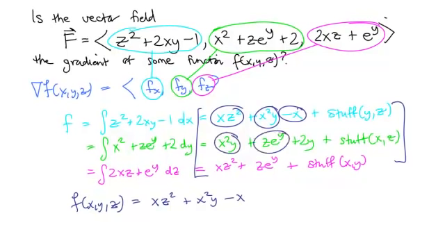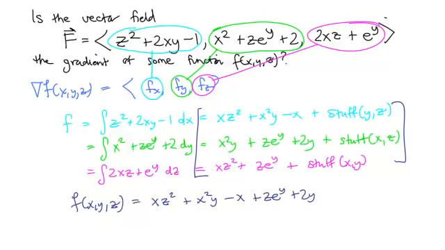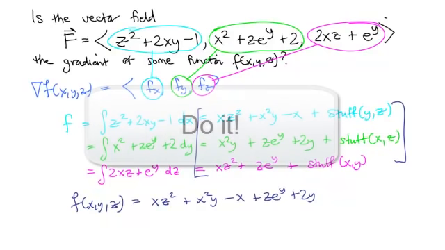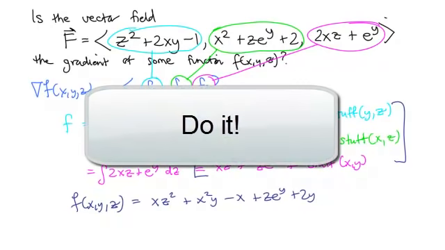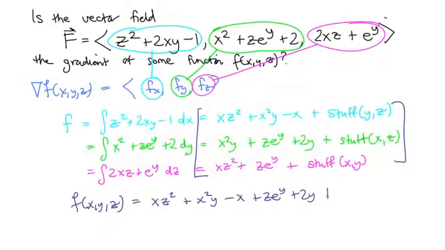It better have a z e to the y term in it, and it better have a 2y term in it. I've already counted an xz squared term. I've already counted a z e to the y term. And so at a bare minimum, it needs to have these parts. Would such an f work? Take its gradient and verify it. It's worth pointing out that this isn't the only f that would work. I could add any constant I wanted to it and not affect any of the data right here.